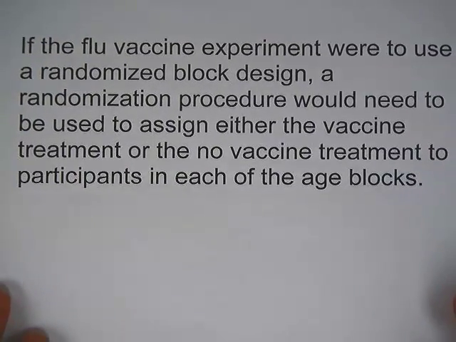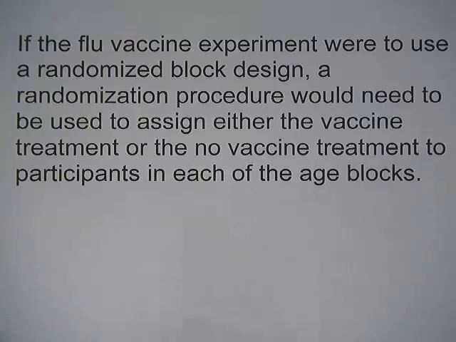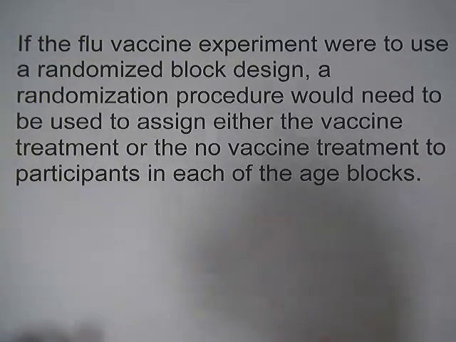So if the flu vaccine experiment were to use a randomized block design, a randomization procedure would be used to assign either the vaccine treatment or the no vaccine treatment to participants in each of the age blocks.